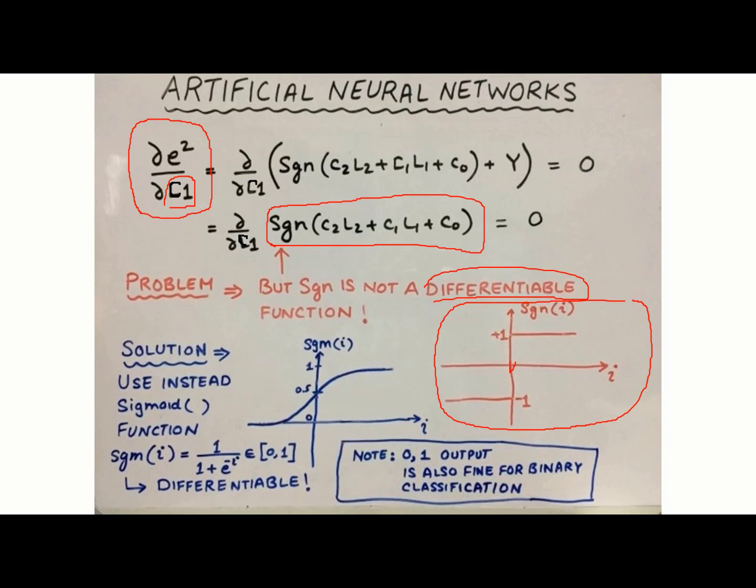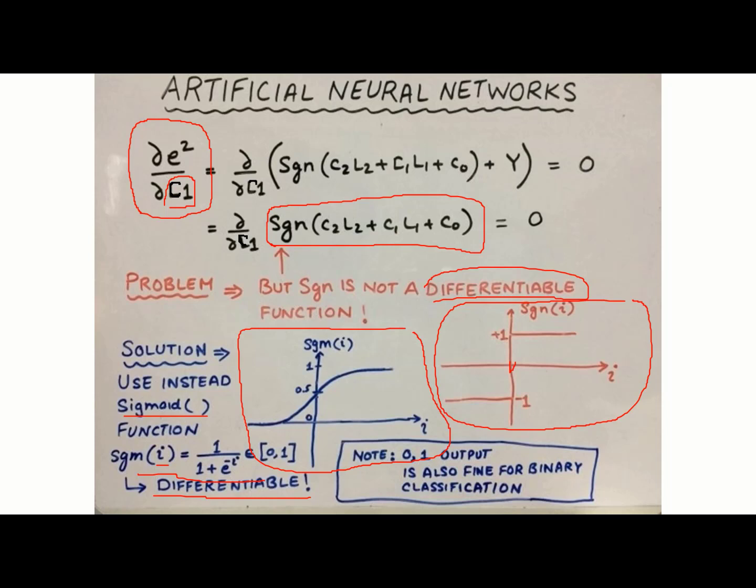So alternatively, we can use a similar function, which is a sigmoid function, and it does not have an abrupt change or a discontinuity. This sigmoid function is defined as 1 over 1 plus e to the power minus I, where I is the input of the sigmoid function. And as you can see from the graph, this function is relatively smooth. It is not discontinuous, therefore it is perfectly differentiable.